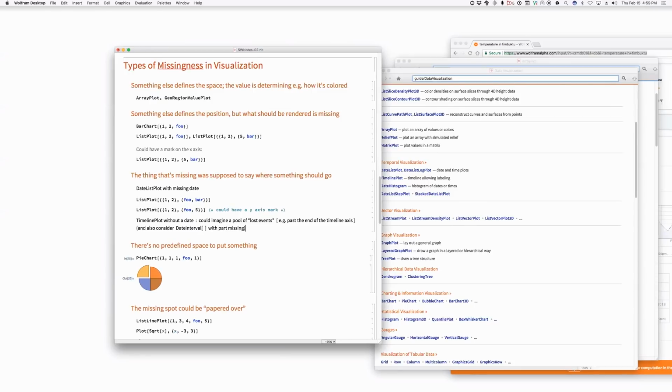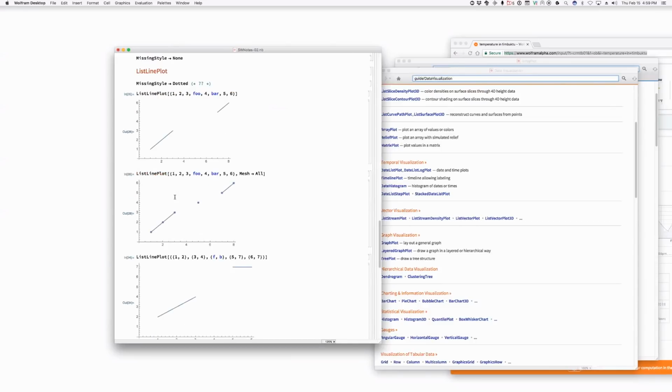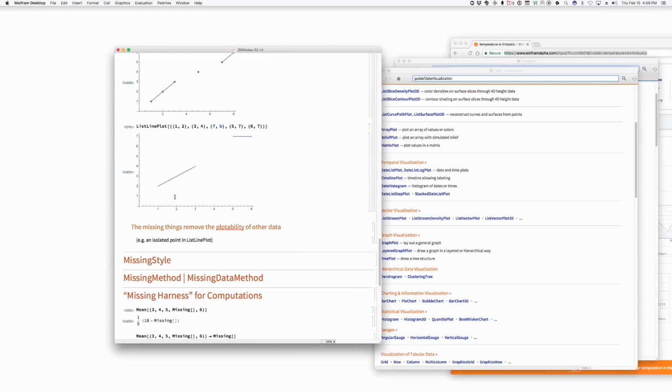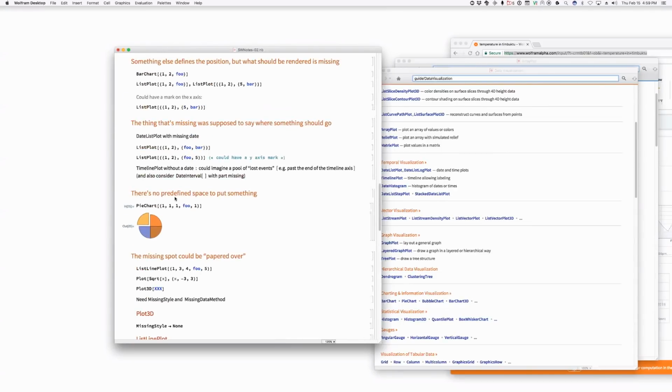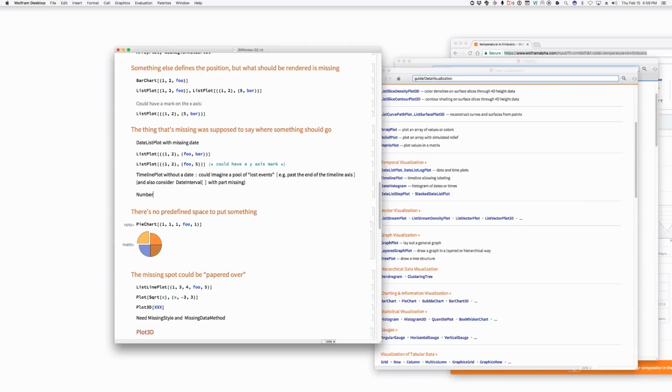Okay, so there's another case here, which is number line plot, for example. That's another ugly case, because we have the same deal there: number line plot with intervals with missing pieces. It's just very unclear what you do with that.